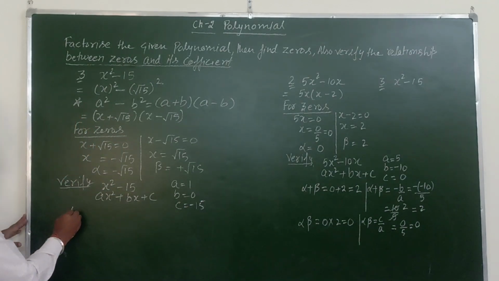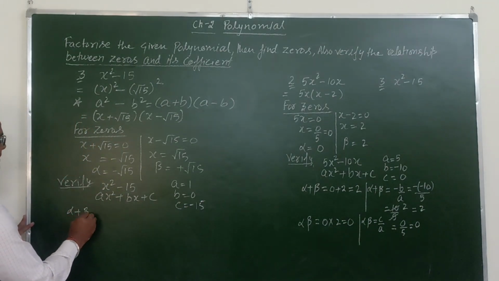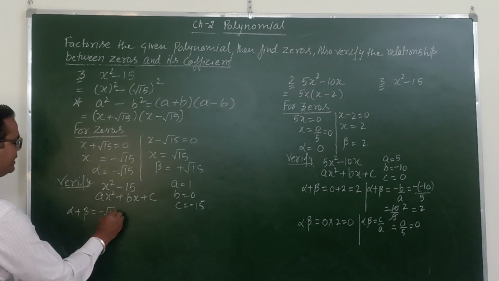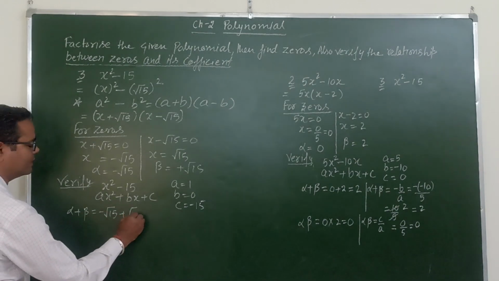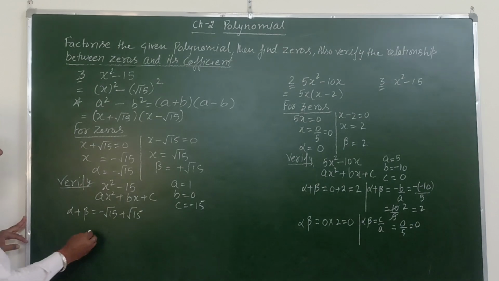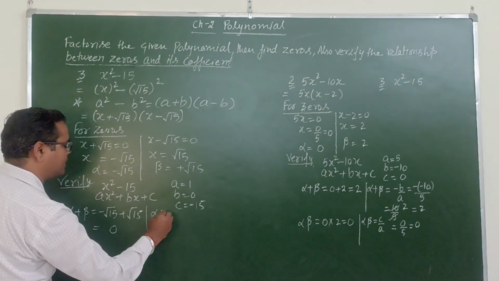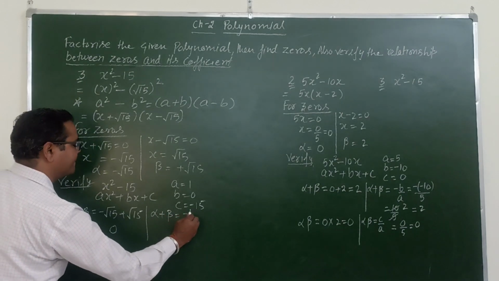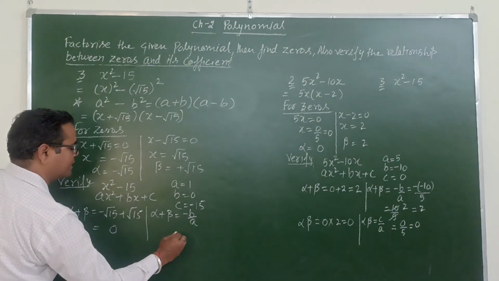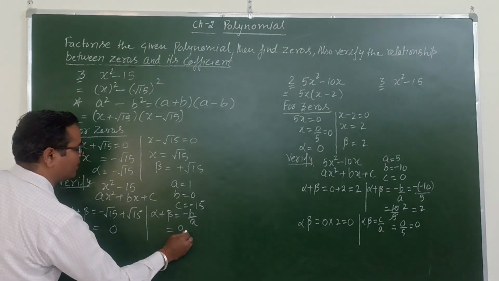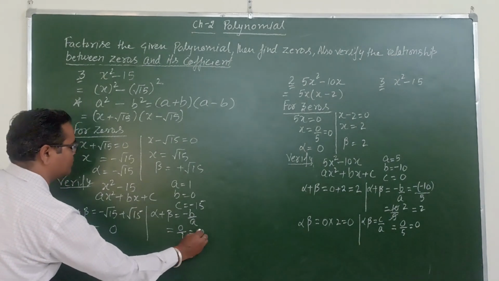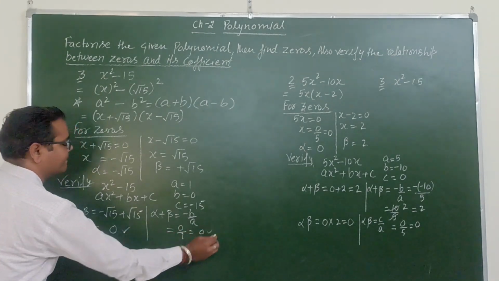Now we are going to add them, alpha plus beta. Minus root 15 plus root 15, what will it be? It is 0. Otherwise, alpha plus beta is minus b upon a. Minus b is 0 upon 1, which is equal to 0. We will get the same answer.